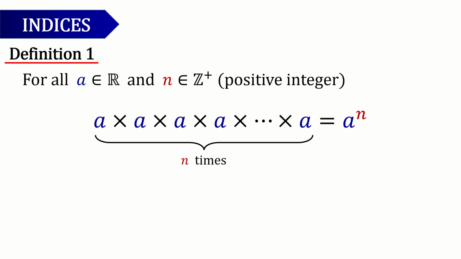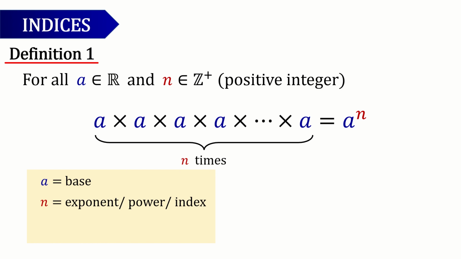So if a is multiplied by itself n times, that is equivalent to a to the power of n, where a is what we call the base for the exponent, and n is what we call an exponent, or sometimes we call it power or index, and a to the power of n is what we call an exponent expression.